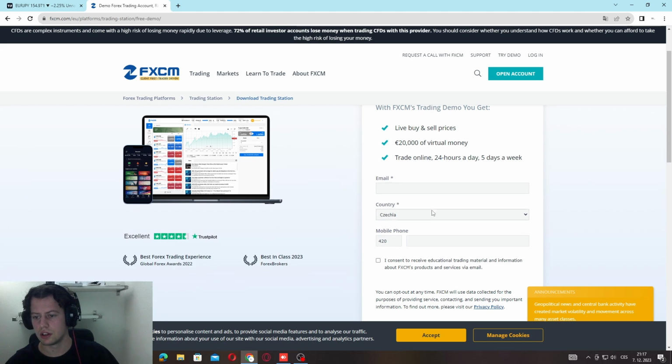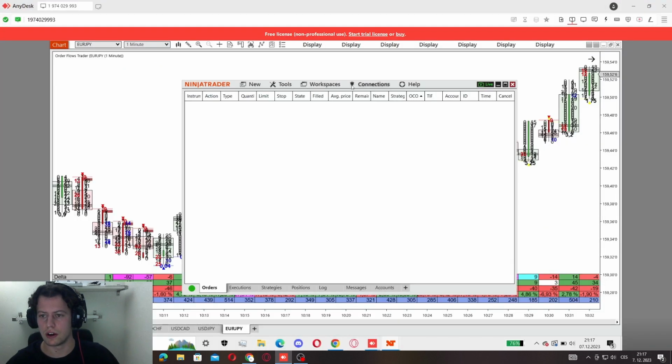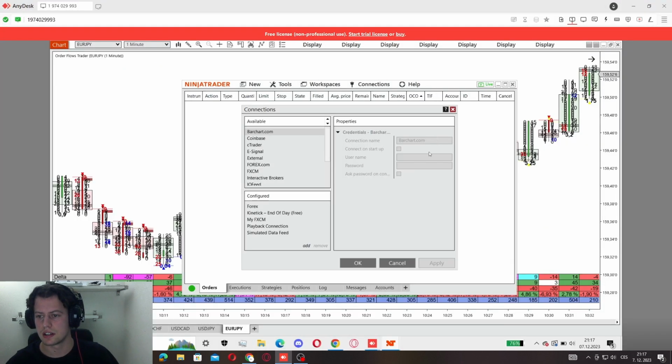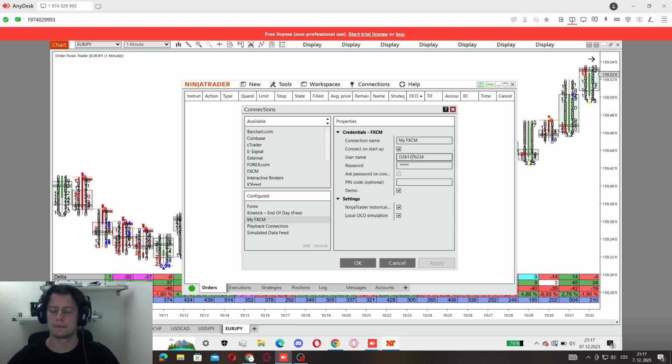Here you enter your email, your country, your mobile phone, and it will automatically generate a login for you. You get a username and a password, and you just put it in.